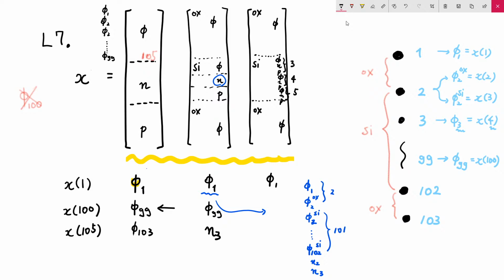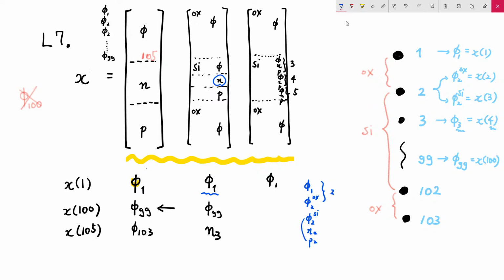If you have any question, please let me know. Now let's go to the third method. Electrostatic potential is first assigned in the oxide region. Good. Then let's go to the next part, the silicon region. In this case, we assign phi 2 silicon, N2, P2.